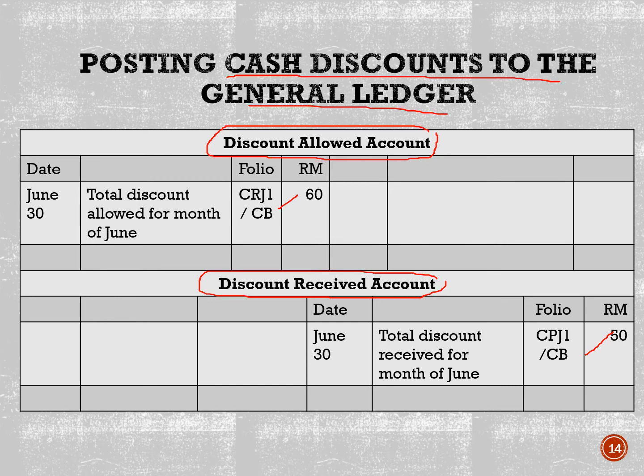So the principle untuk general ledger untuk discount allowed is in the debit side kalau dia bagi. Kalau receive, kita akan letak dia belah credit. Kenapa? So, back to our basic.